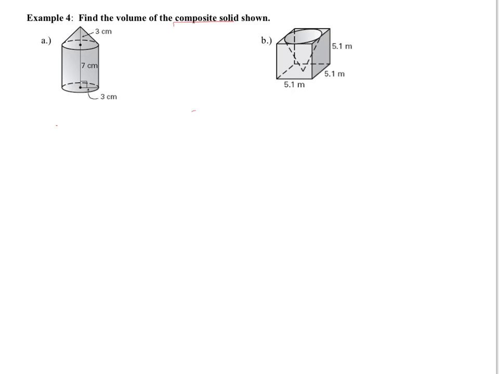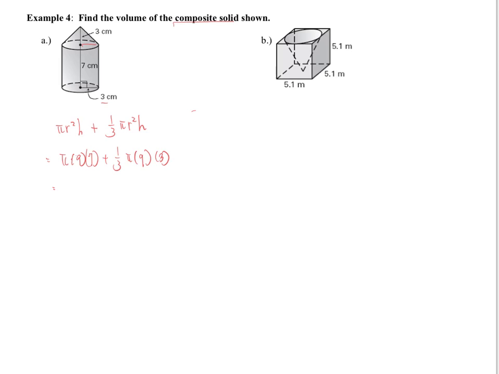So the volume would just be pi r squared h plus 1/3 pi r squared h. So for the cylinder, the radius is 3, so that would be 9. The height is 7. And for the cone, the radius is also 3. So 3 squared makes 9, then the height is 3.